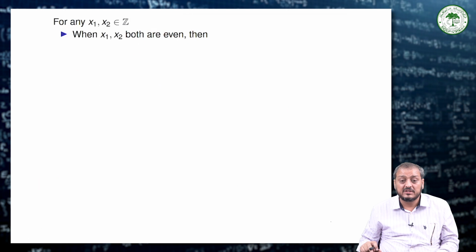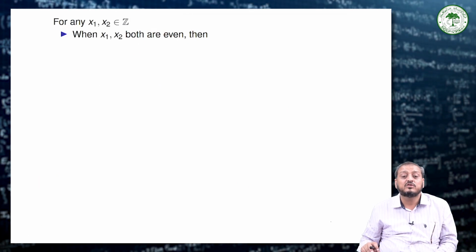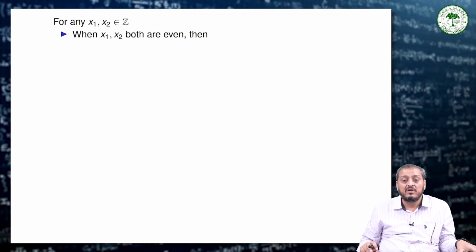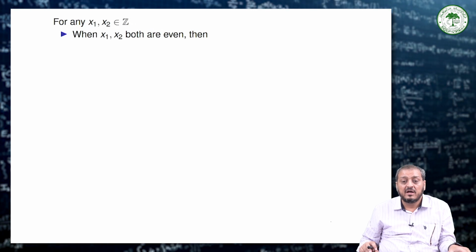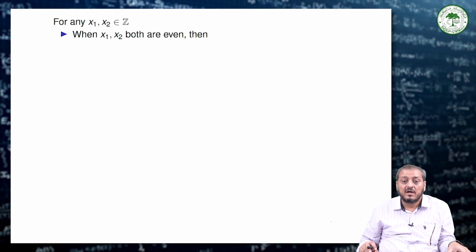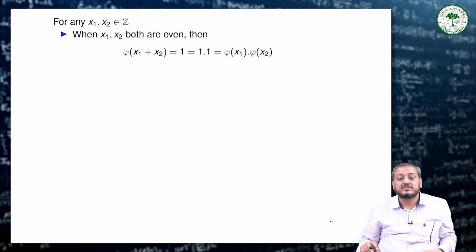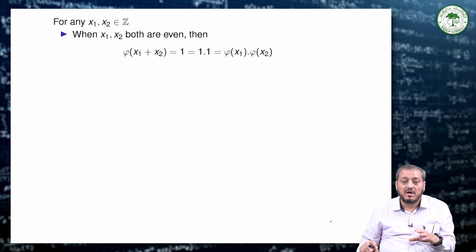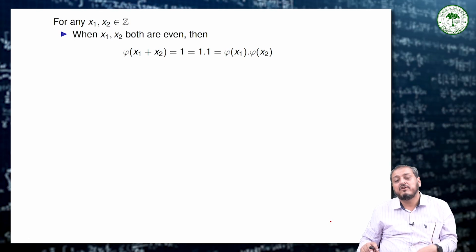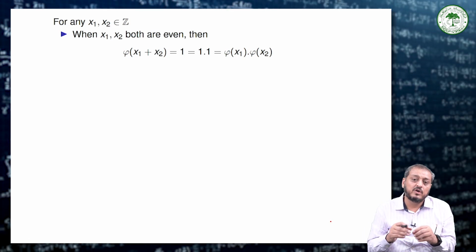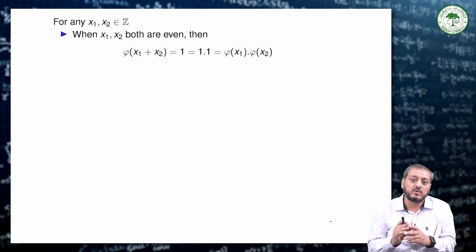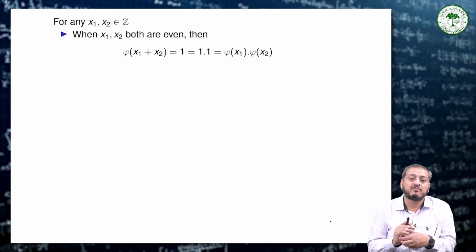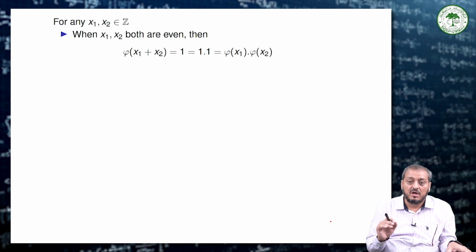So in the case where x1 and x2 are both even, phi of x1 plus x2 is even, so it equals 1, the multiplicative identity, which can be written as 1 into 1, the same as phi of x1 and phi of x2.